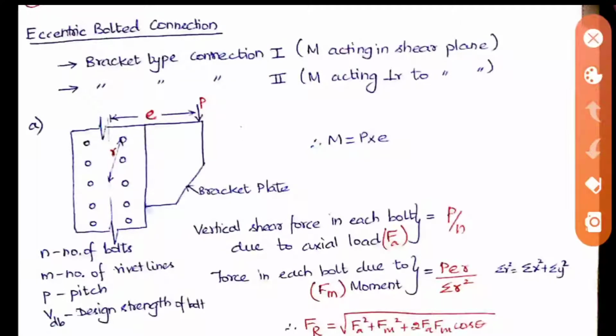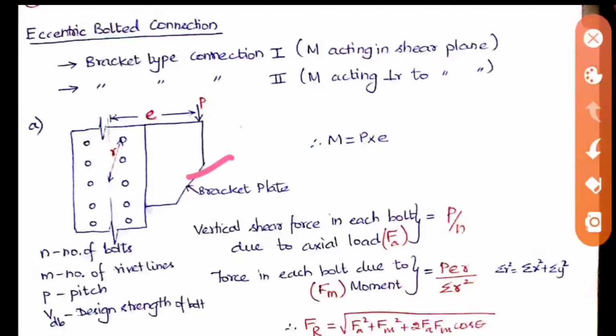Here I have drawn a diagram of a steel plate having bolts or rivets, whatever you want to assume. It has two rivet lines, one here and one here, with nearly 5 bolts in each line. This is called the bracket plate, which is attached sidewards to that steel plate.